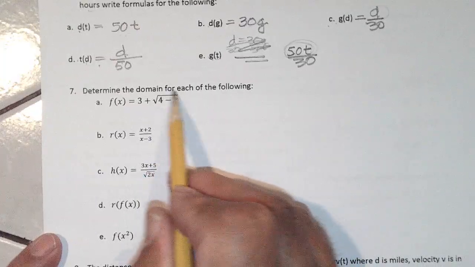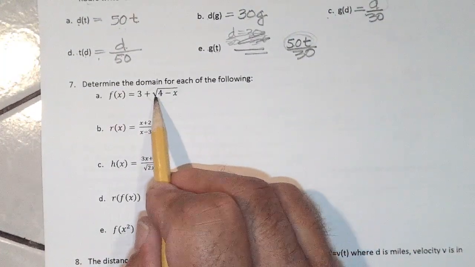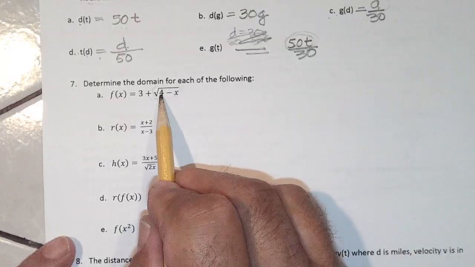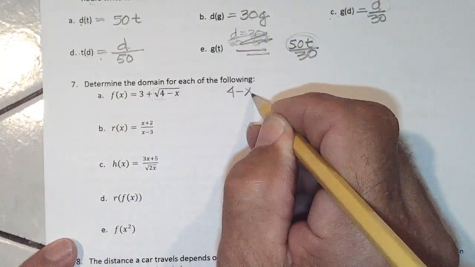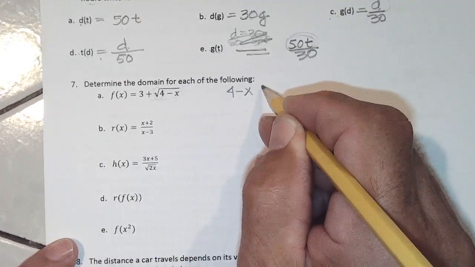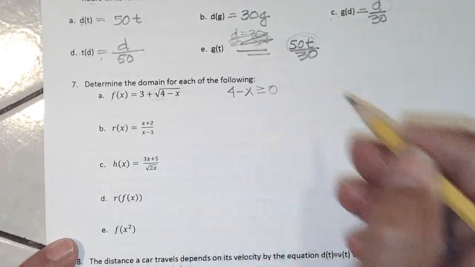Domain. We have a square root. Remember the two things you have to watch out for: division by 0 and square roots of negatives. So I don't want 4 minus x to be negative, less than 0. I want it to be greater than or equal to 0.